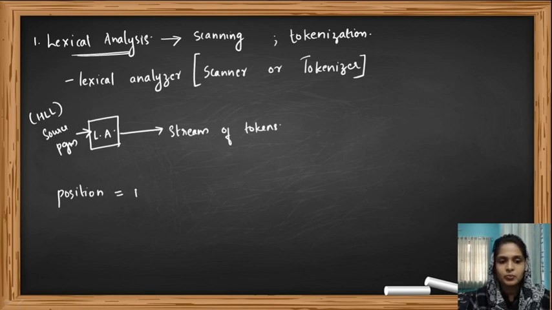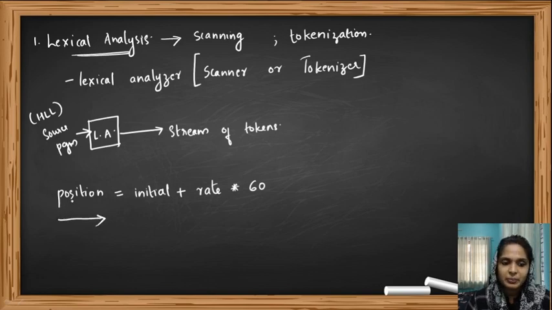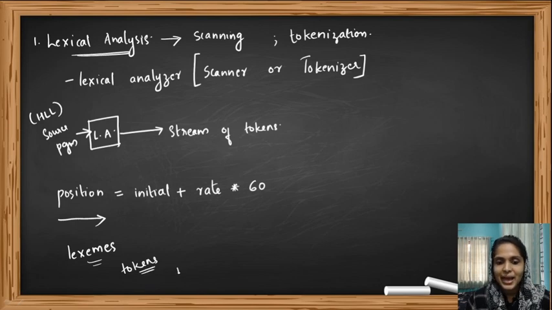Position is equal to initial plus rate into 60. So what the lexical analyzer does is, it first scans this input from left to right, character by character, and it will identify some meaningful lexemes from this statement. Here you will come across some terms like lexemes, tokens, as well as patterns.